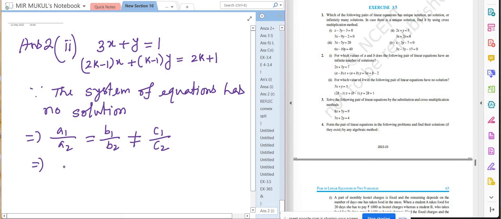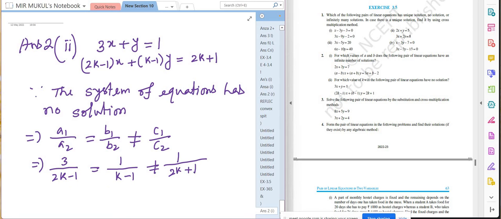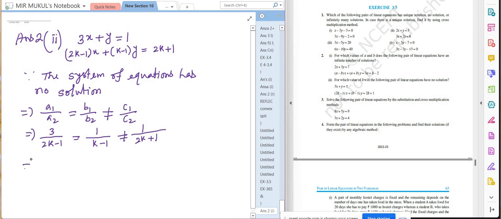So put the value of a1, that is 3, and a2 is 2k minus 1, then b1 is 1 and b2 is k minus 1, not equal to 1 divided by 2k plus 1. So we have to find the value of k. So take first and second, third one is not required.